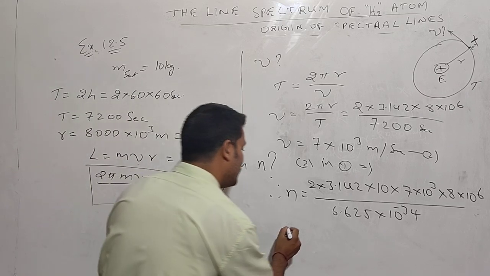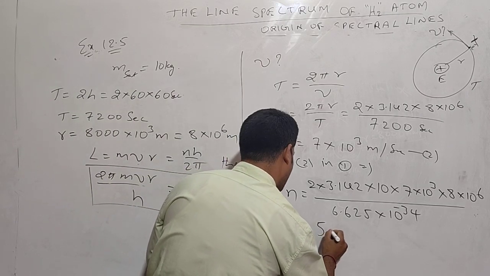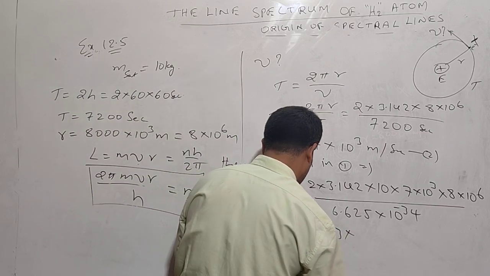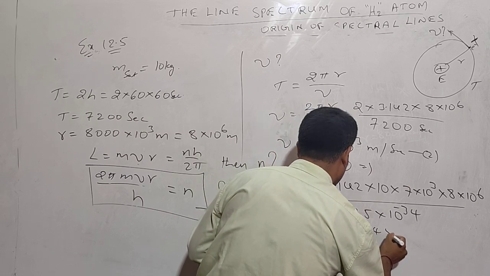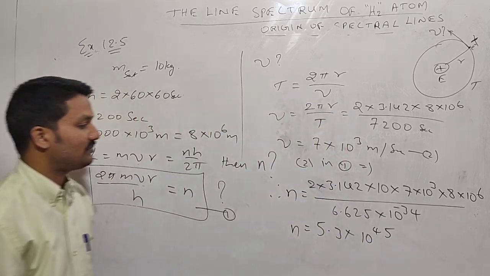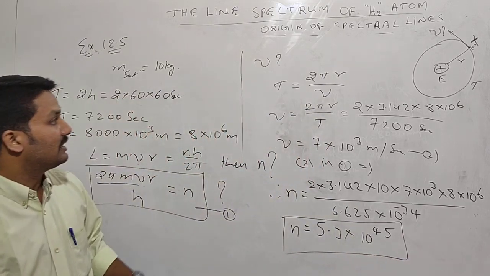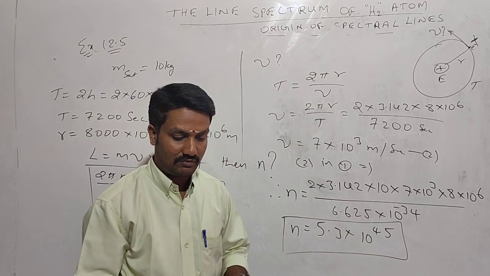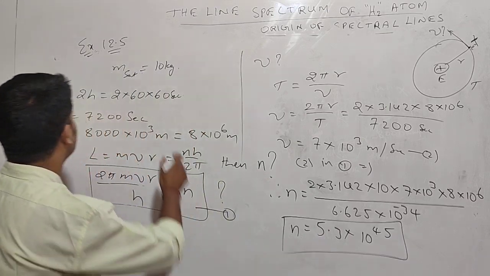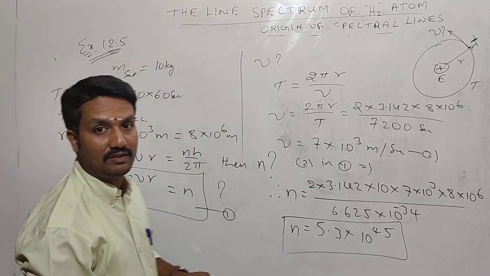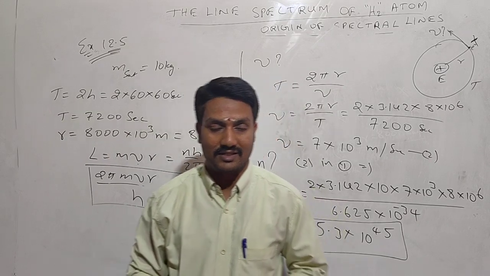By simplification we get n is equal to 5.3 into 10 power 45. In this manner we calculate the n value. This is example problem 12.5 in our NCERT textbook. Thank you very much.